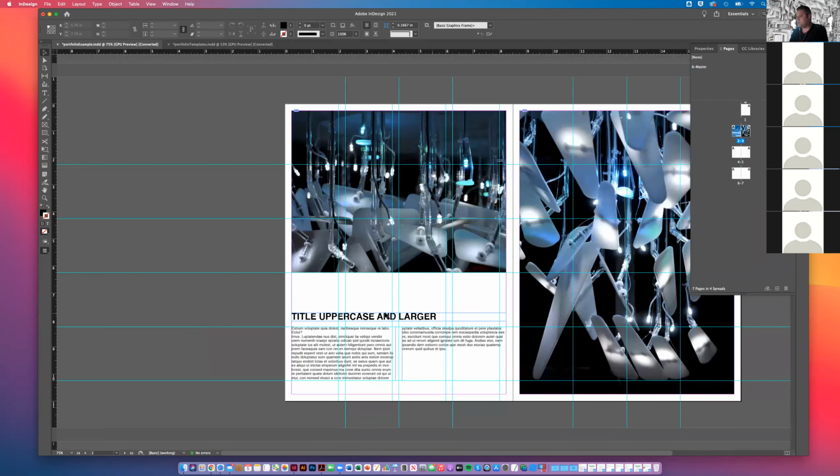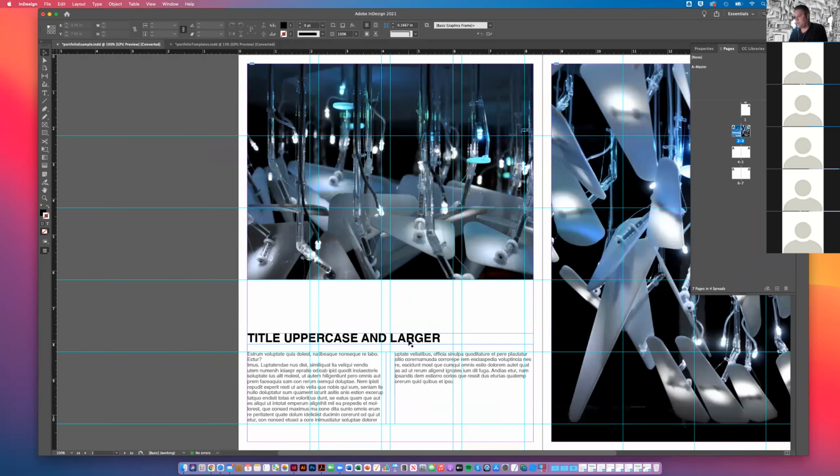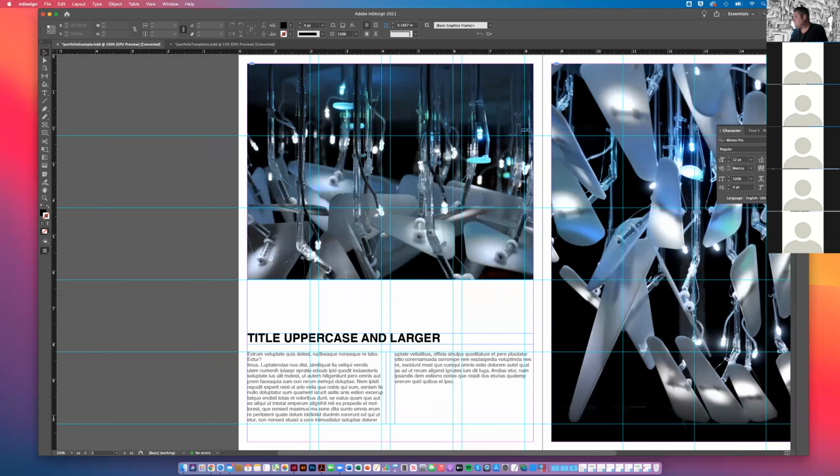So we can make things like a sample title or heading, and then some sample body text. And we can make those into text styles that we can apply later on. It's interesting: I can take a Word document with text that's already been edited. I've already done spell check and grammar check. And I can place a Word document into InDesign just like I would place an image.